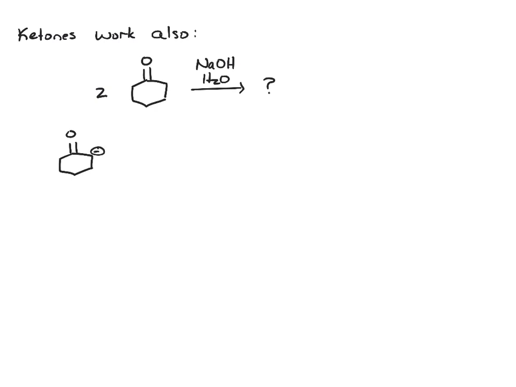I'll do the enolate where the negative charge is on the carbon. Redraw the second ketone. That will be your electrophilic ketone. So we have our nucleophile, our electrophile.